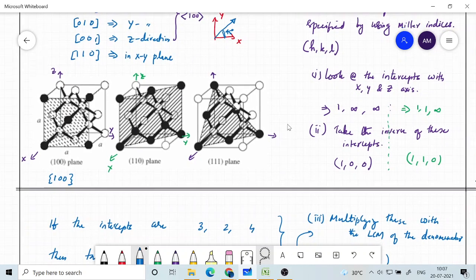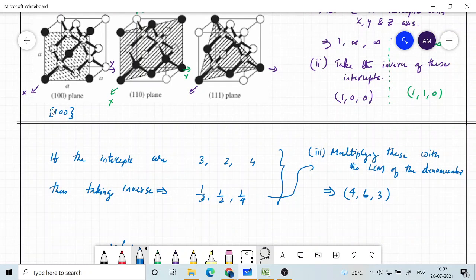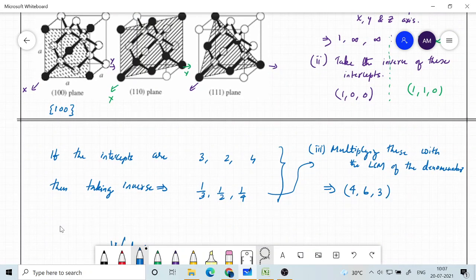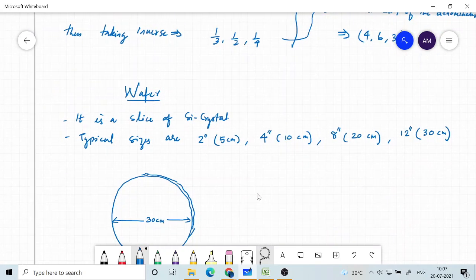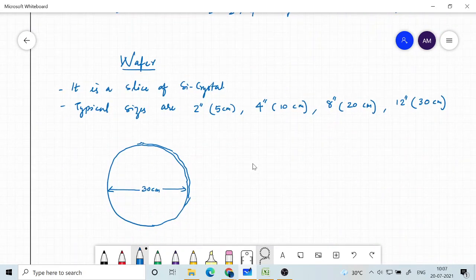In order to group the planes, we use curly brackets, because the properties along the x, y and z directions are all the same. We'll come to how the property varies in a moment, but before that let me tell you something with which we can identify this.